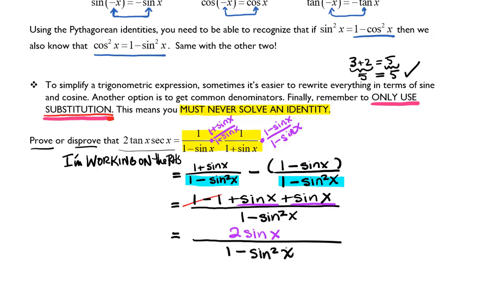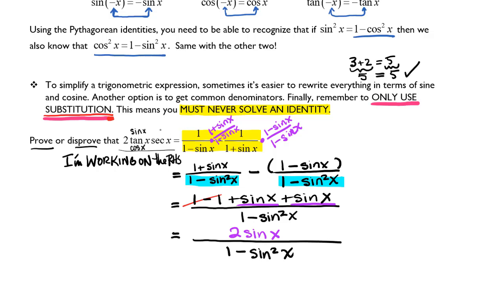Now, if we think about the left-hand side, notice I'm not changing it, I'm just analyzing it here. It's kind of like a little kid shaking the presents before Christmas or something. If you have tangent of x, it's going to be equivalent to sine x over cosine x, right?